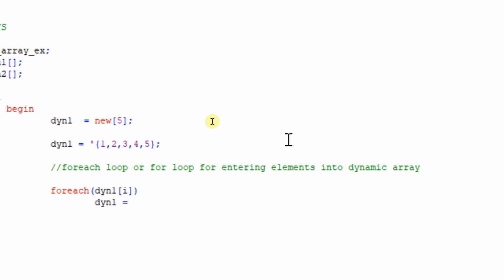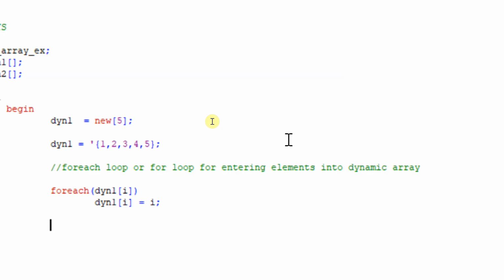dyn1 of i is equal to i. I'm just iterating the loop, starting from 0 to the size of the array, that is 5. So that is 0 to 4, and the values 0 1 2 3 4 will be stored in this dynamic array.